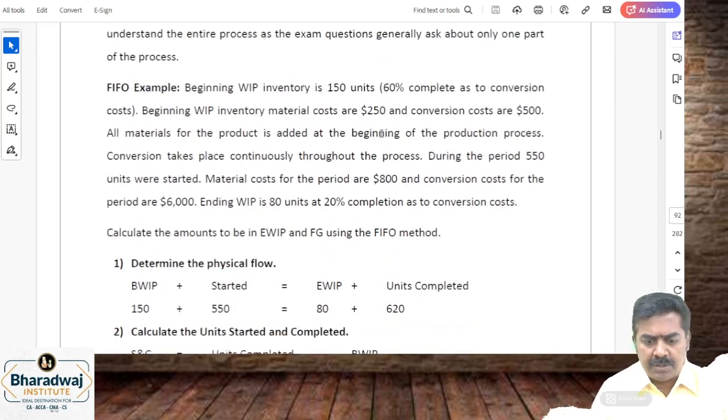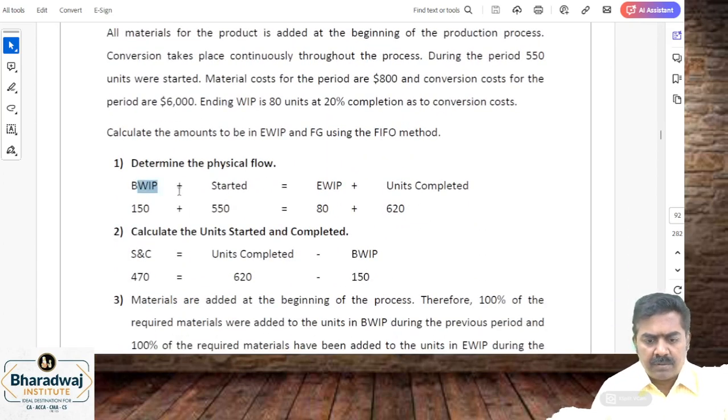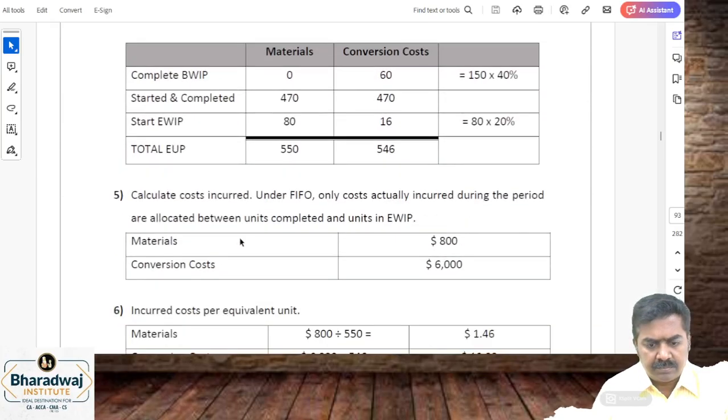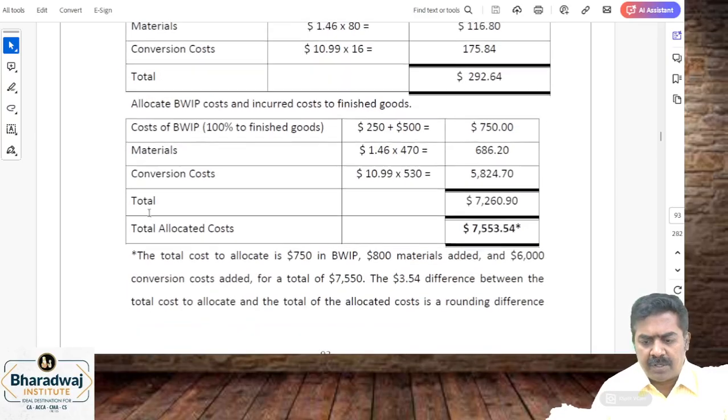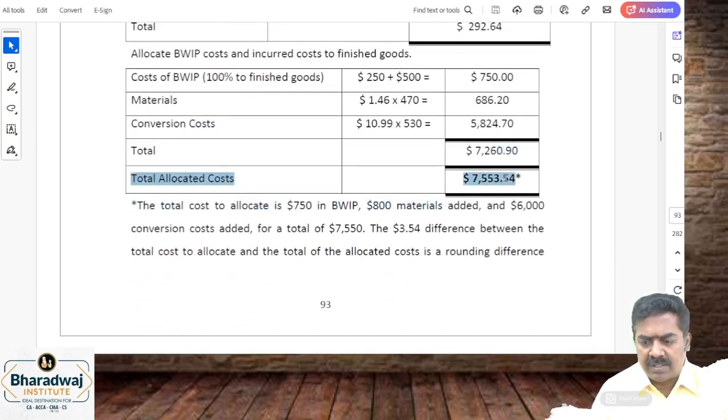All these questions you can go through. They would have worked out total equivalent units. Then they would have worked out cost per equivalent unit. Based on that, they would have assigned the cost.